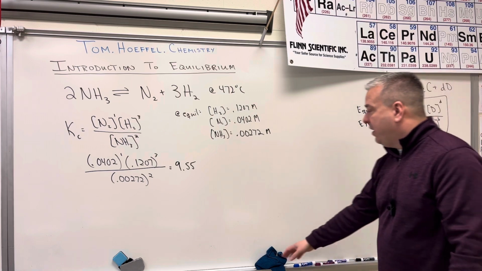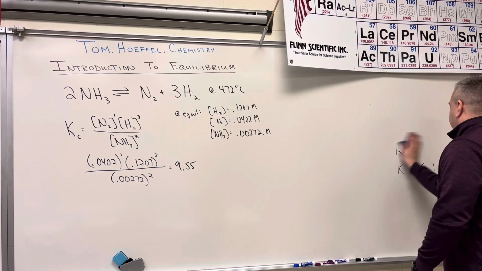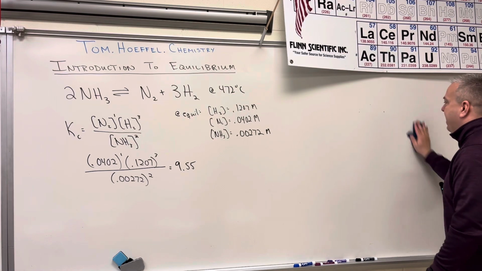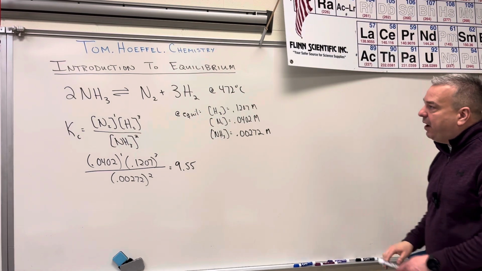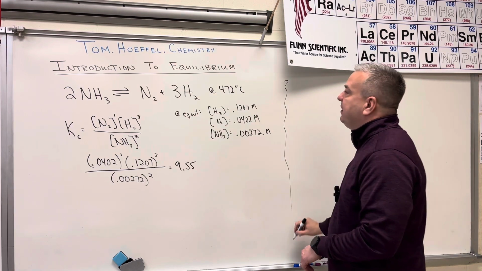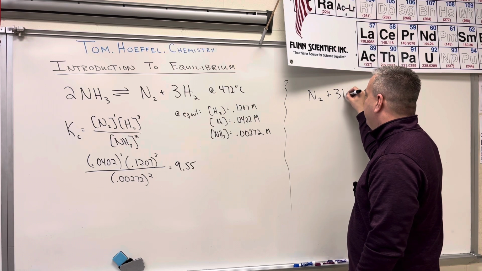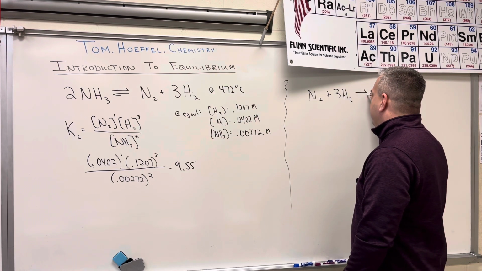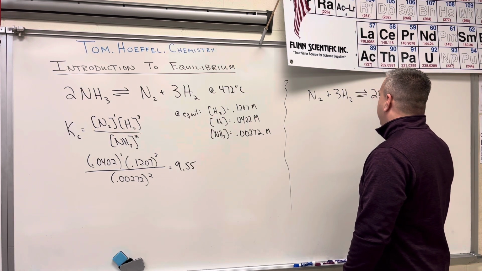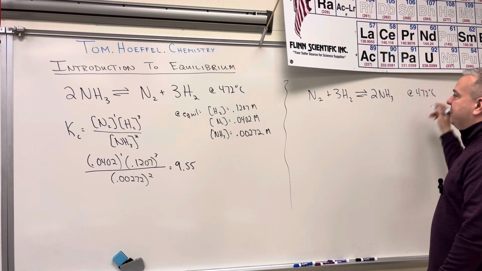Okay, so I'm going to erase this stuff over here and then talk about, well, what happens if we reverse this reaction. Let's say we write it this way: N2 plus 3H2 is in equilibrium with 2NH3 at 472 degrees Celsius.